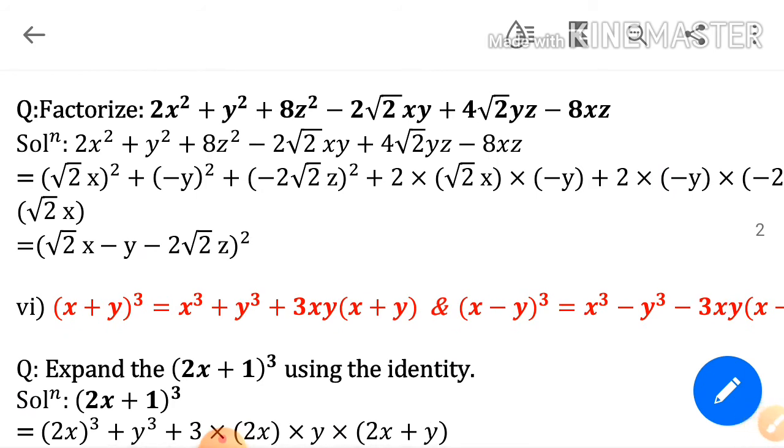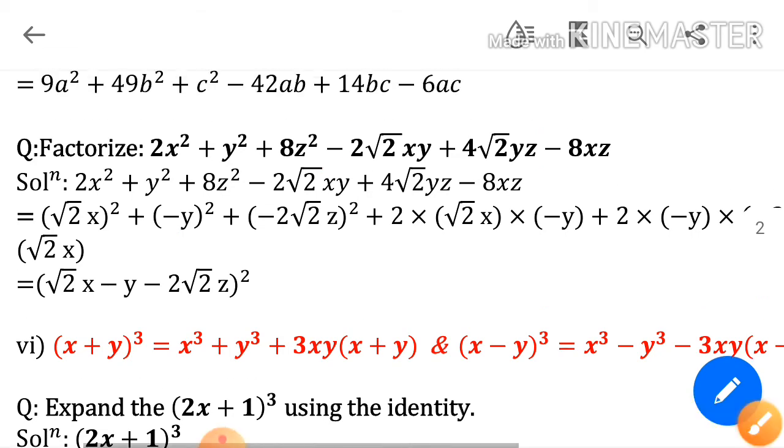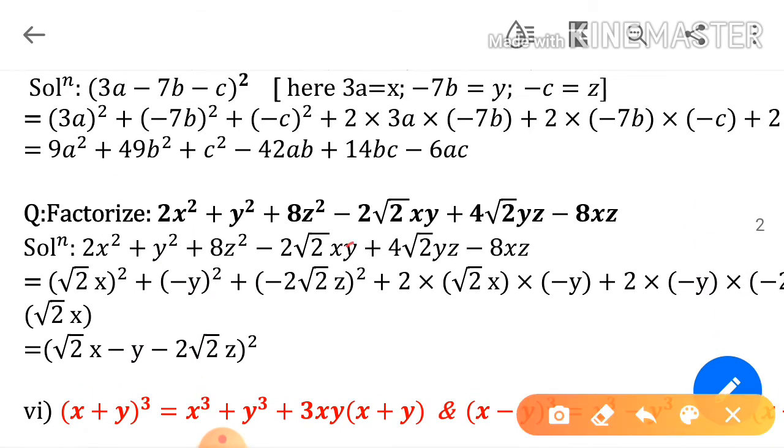Now why do I take minus y here? I can take plus y here, but I have taken minus y here, and here also minus. Why? You can notice that here there are 2 minus signs and 1 plus sign, and in the formula all the terms are plus, but here 2 terms are minus, so I have to take any 2 terms as minus among x, y, z.